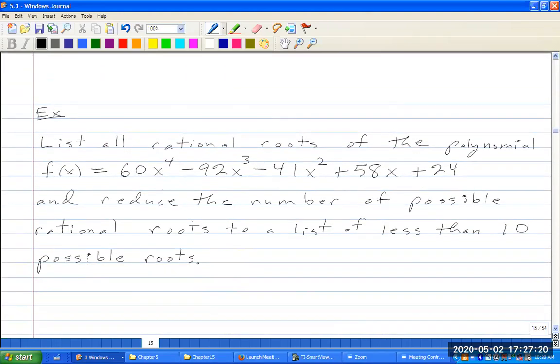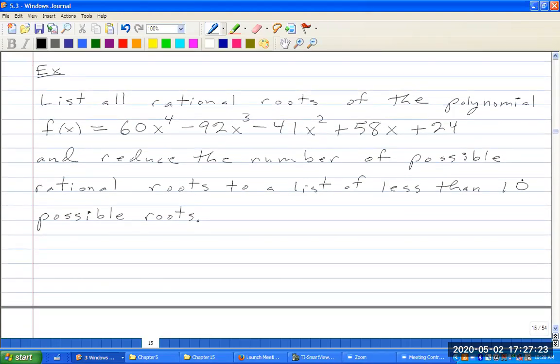Okay, so let's try this. This is a very big problem. So let's see if we can do this problem, which is: list all rational roots of this polynomial, 60 x to the 4 minus 92 x to the 3rd minus 41 x squared plus 58x plus 24, and reduce the number of possible rational roots to a list of less than 10 possible rational roots.